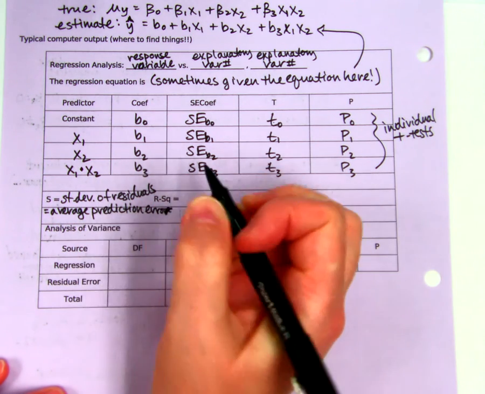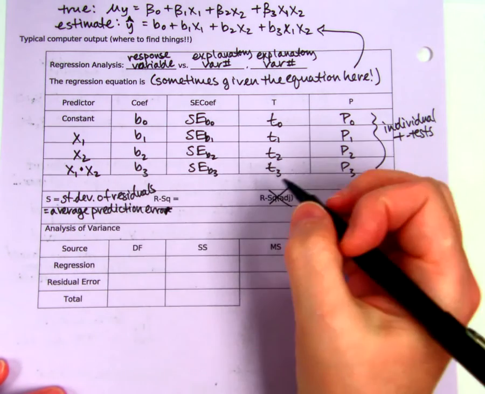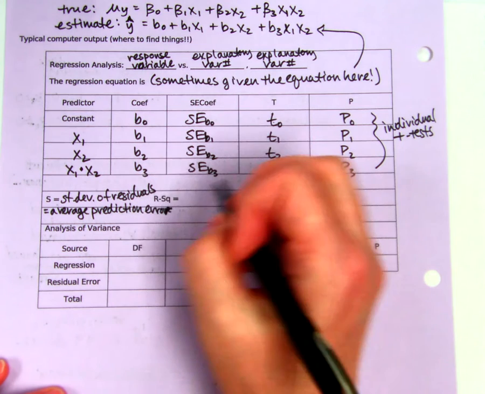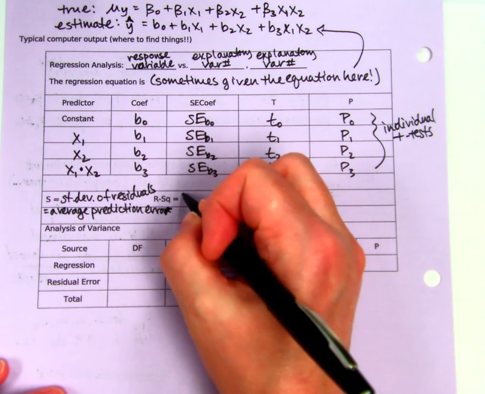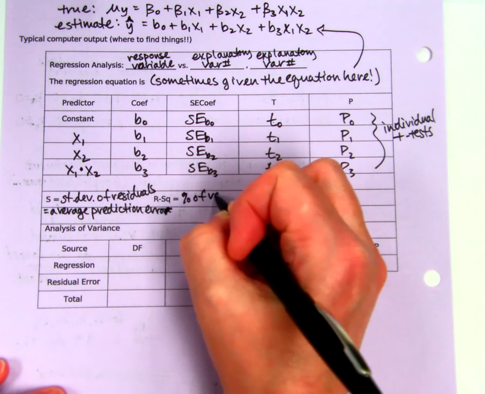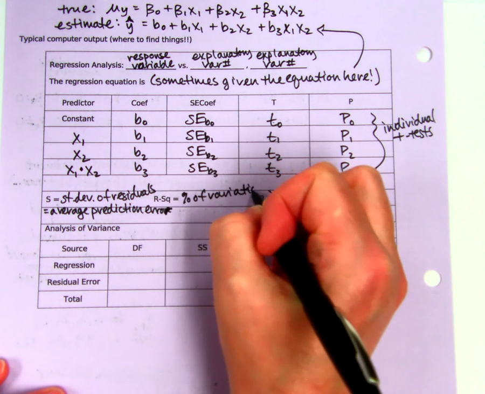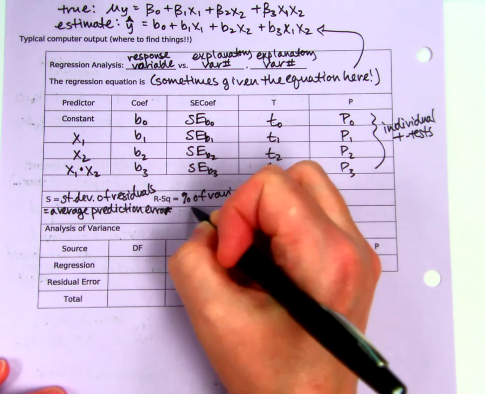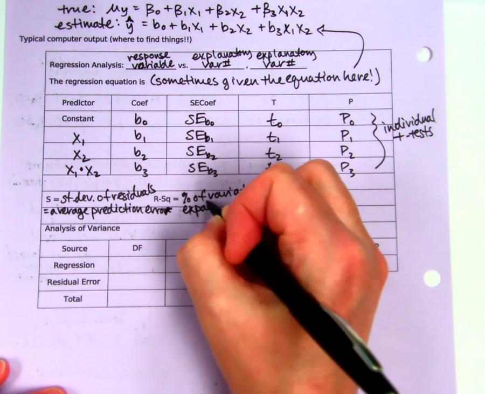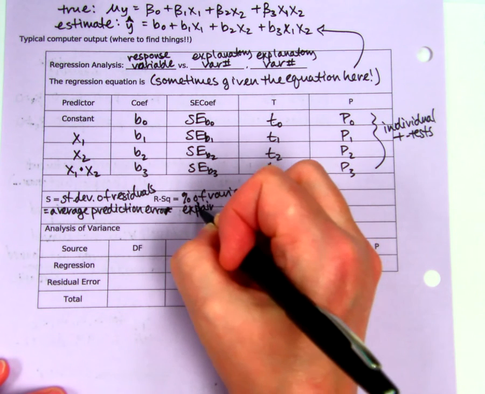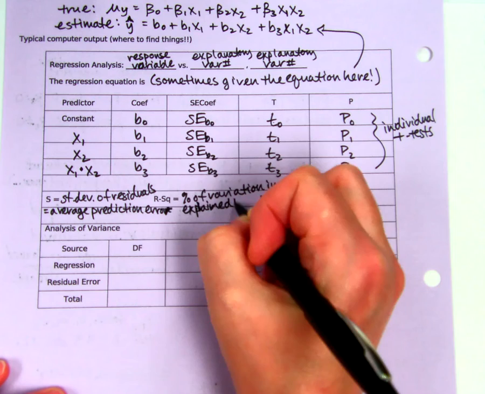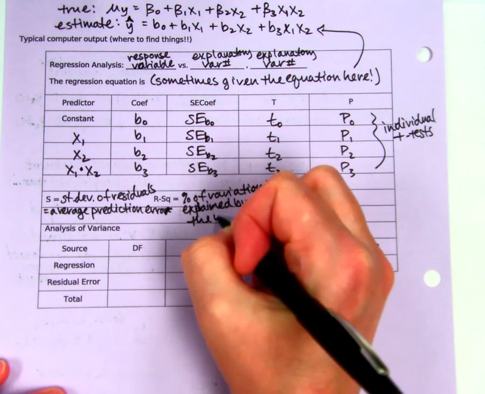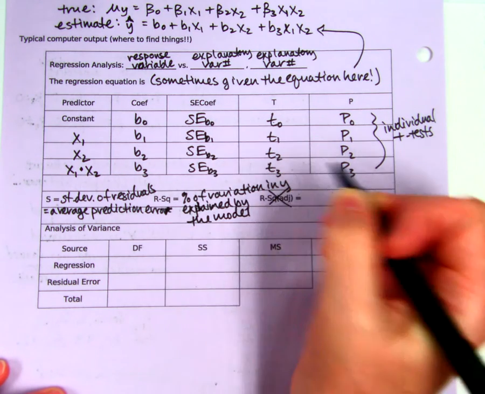Predictions made by this model are off by this much. We've done that before. R squared, you already know what R squared is, but I'll say it again, is the percent of the variation in Y that is explained by the model, or technically explained by all those explanatory variables. And I might make you interpret that on the quiz.